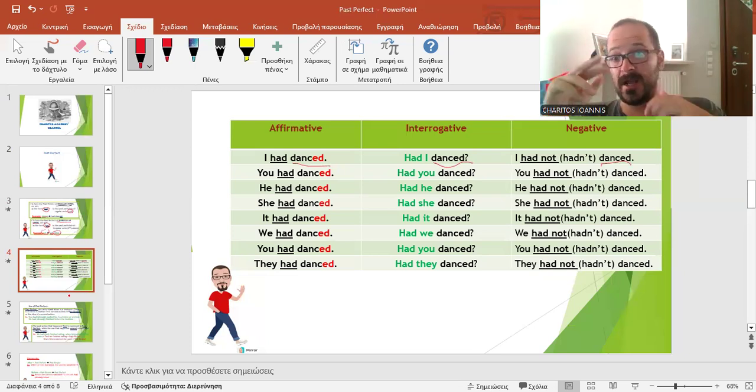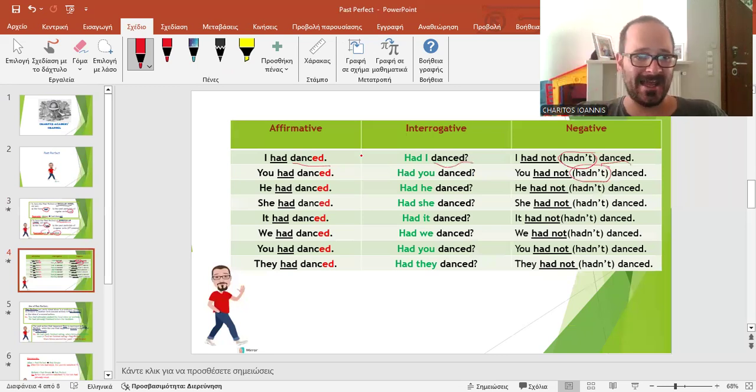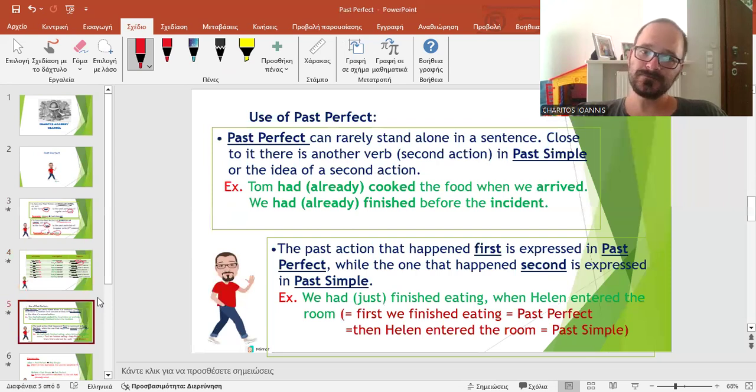I had, I had not, and the past participle. So I had danced, had I danced, I had not, or hadn't danced. Here we also see the short form of had not, right? Or he had danced, had he danced, he had not or hadn't danced.